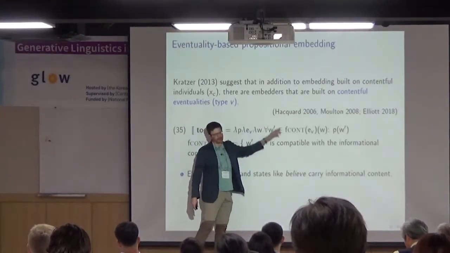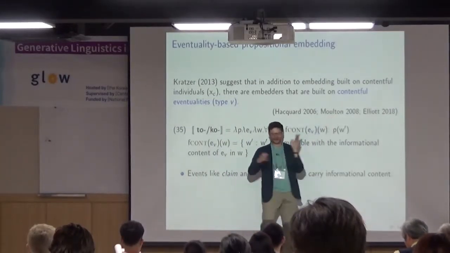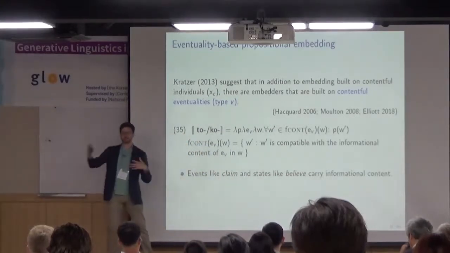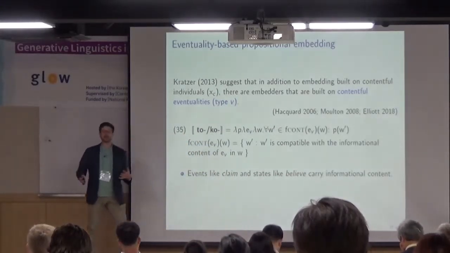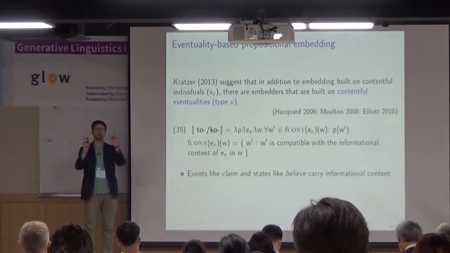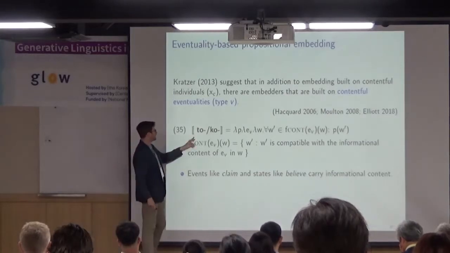Haccard had content recovered from eventualities. As I was writing my dissertation, I started that way, and then I moved to individuals. But it's looking like both options are available. And what I want to say is that Korean to clauses, Japanese ko clauses, English ECM clauses, they recover content from eventualities.